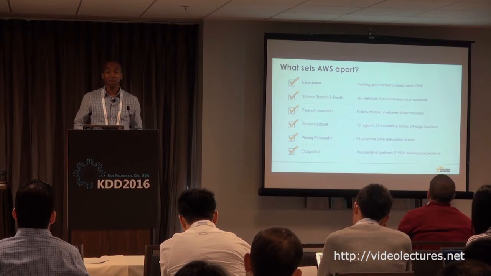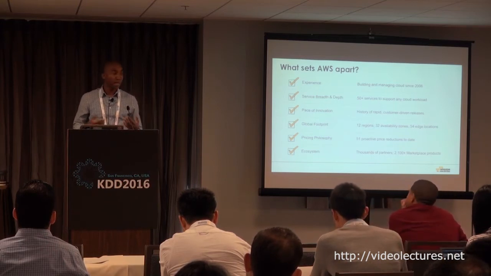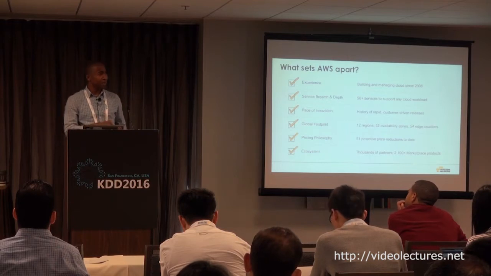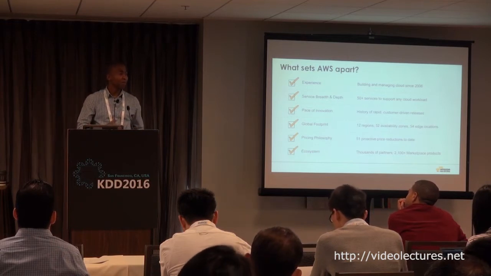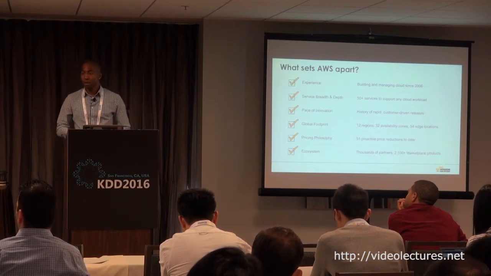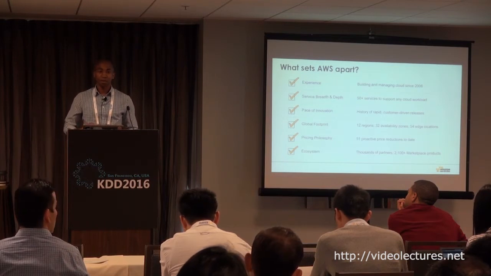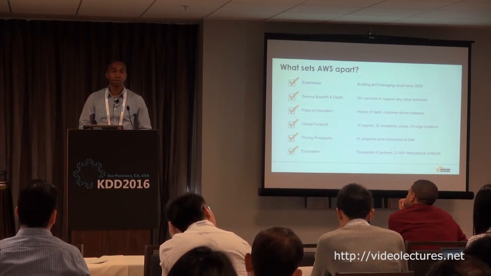Just last year alone, we launched over 722 services and features within AWS. And since June of this year, we've launched over 368 new services and features, all right? Our customers love that pace of innovation because we're constantly keeping up and setting the trend within the industry.